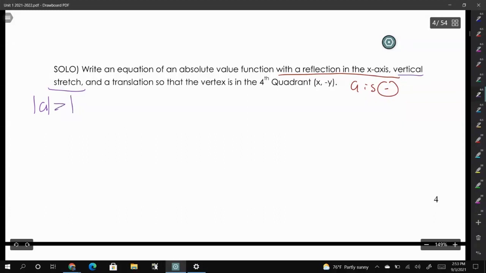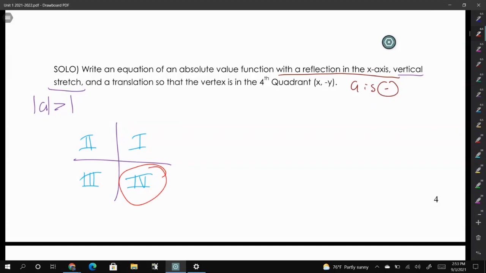And a translation so that the vertex is in the 4th quadrant. All right, and if you have forgotten what the 4th quadrant is, we have 1, 2, 3, 4. We want our vertex down in this area. So x is positive and y is negative. And I gave you guys that hint right here.